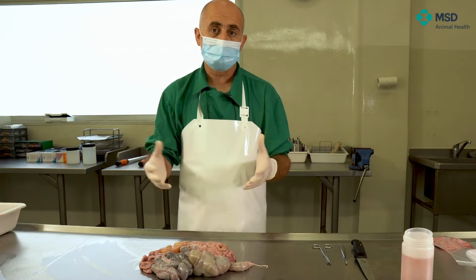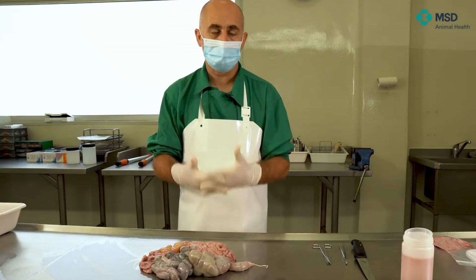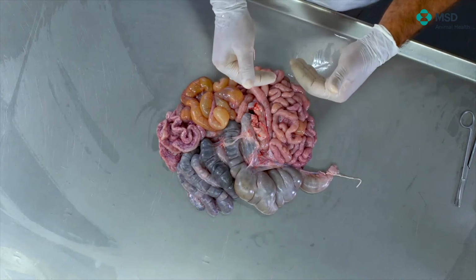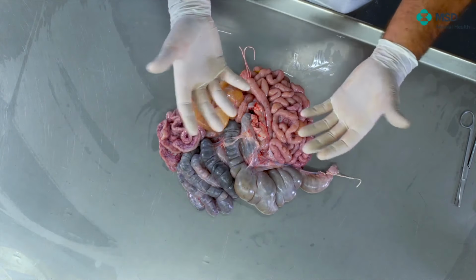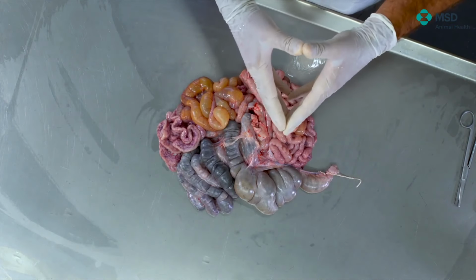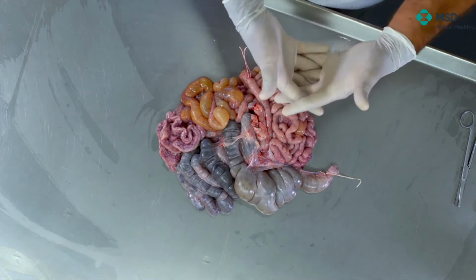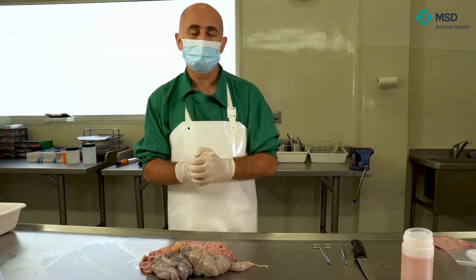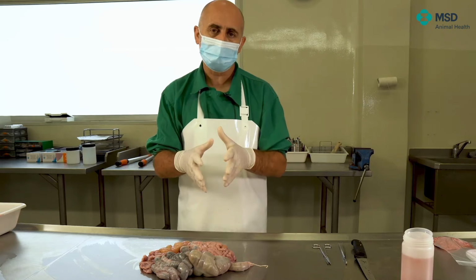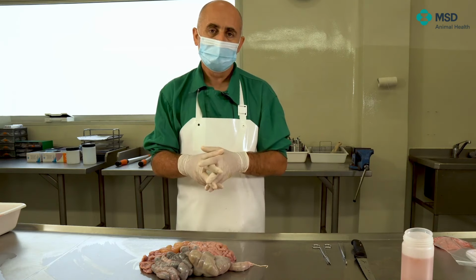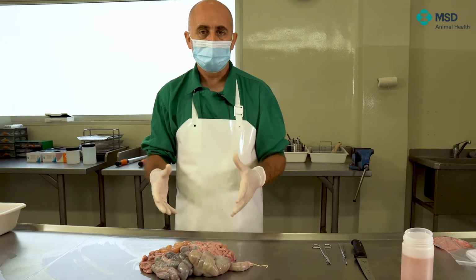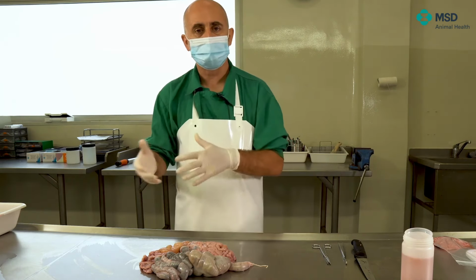And then there are other diseases, especially in the fatteners, like porcine proliferative enteropathy, which can affect especially the small intestine in its last part, especially the ileum, but not only the ileum, also the cecum and the cranial part of the colon. Remember that proliferative enteropathy has different forms.